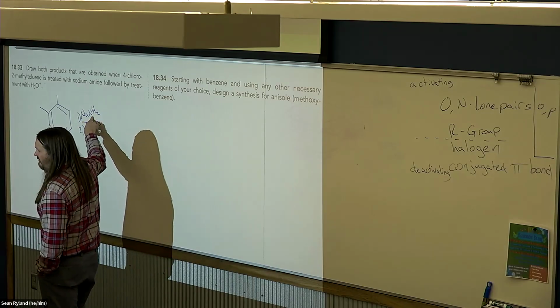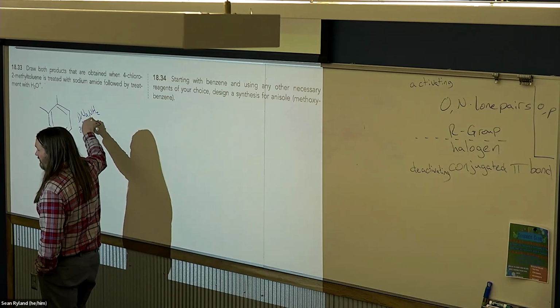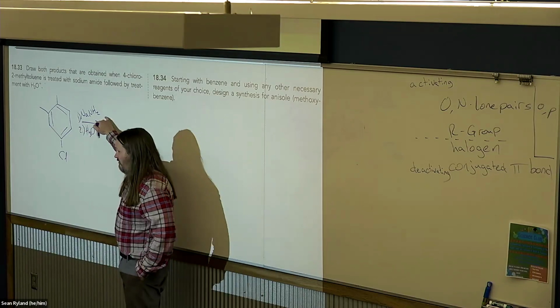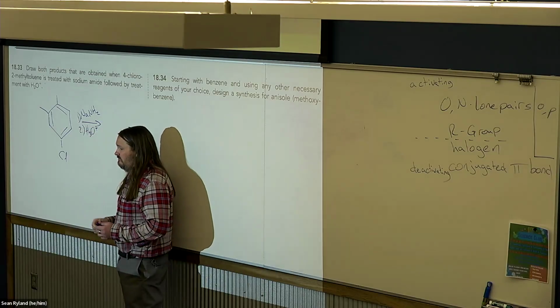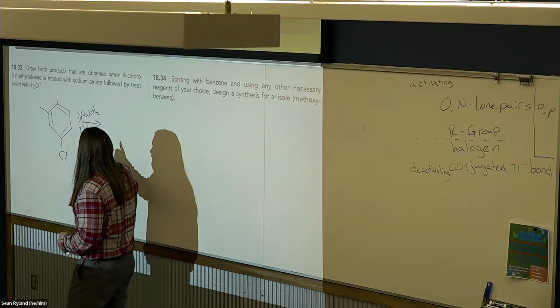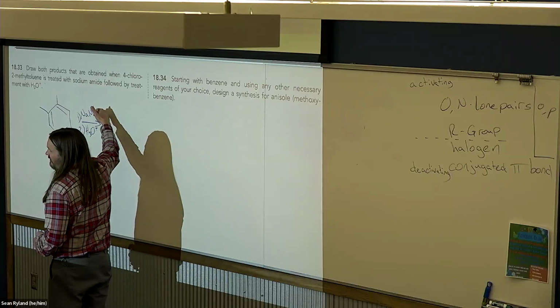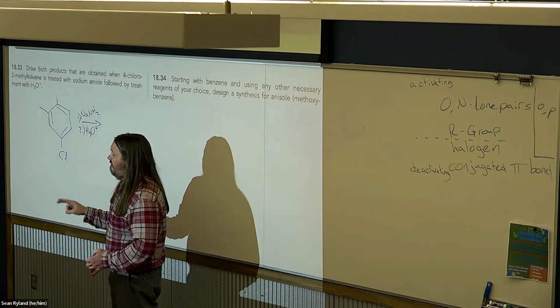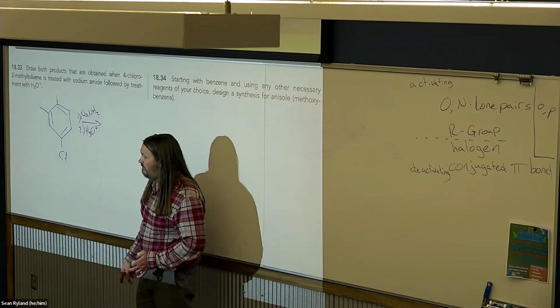That's not an electrophile. It's a nucleophile. So the fact that we have a nucleophile means it's not going to be our first mechanism we talked about today. And it's not going to be the nucleophilic substitution.